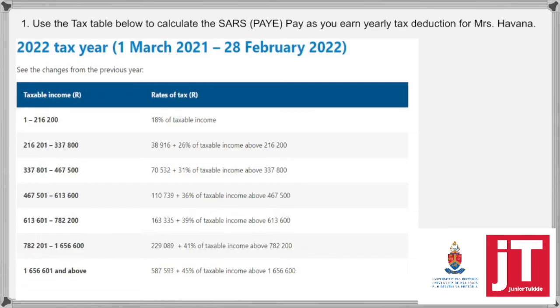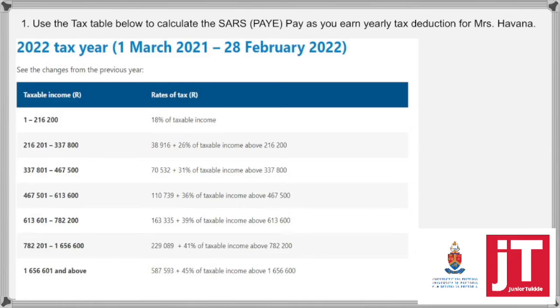If you earn between 337,801 Rand and 467,500, you'll pay a lump sum of 70,532 Rand per year, plus an additional 31% of everything that you earn above 337,800 Rand.